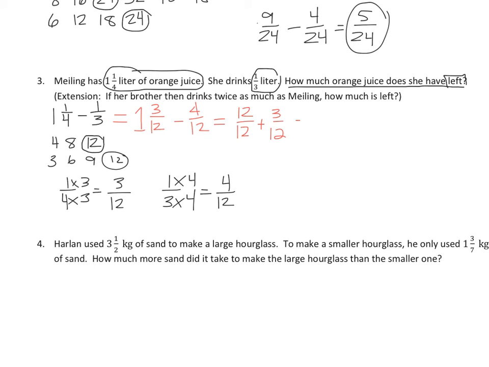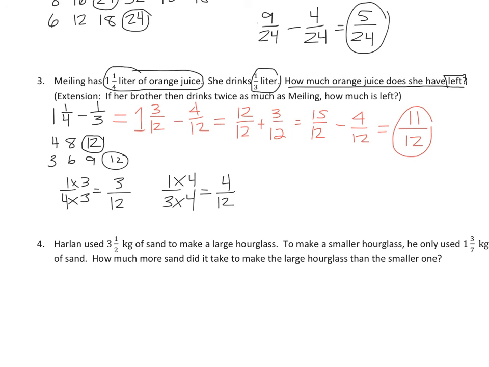And by doing that, 12/12, which is technically 1 whole, plus 3/12 would give me 15/12. Now 15/12 is bigger than 4/12. That means I can take away 4/12. And 15 minus 4 is going to be 11. And 12 is going to be our denominator. So here's our final answer.